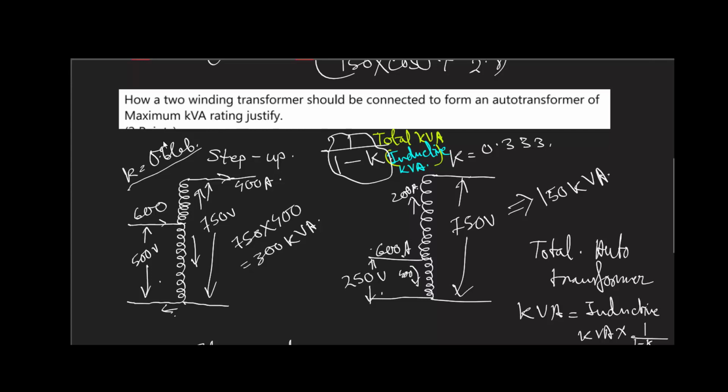When we are considering the two winding transformer, then we should think about connecting the terminals of the high voltage winding either for input when we are considering a step up transformer, or as output when we are considering a step down transformer. Why so? The answer is very simple.